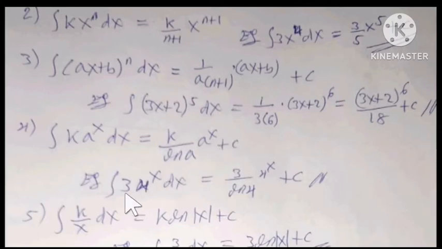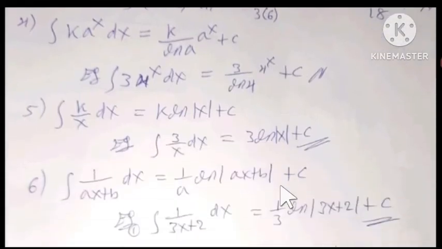For example, the integral of 3 times 4 to the power of x dx means 3 over ln of 4, where 4 is the base, times 4 to the power of x, plus c. Keep in mind, always plus c is important.